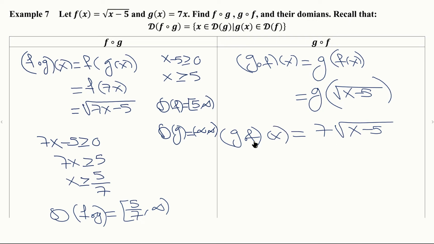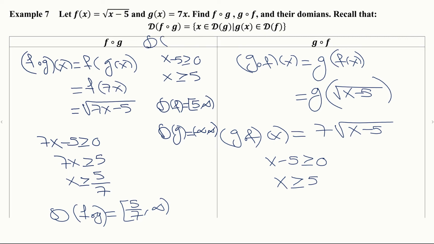All right, so we can see the expression for g circle f contains a radical, so we know that the radicand must be non-negative, so x minus 5 must be greater than or equal to 0. So x has to be greater than or equal to 5. All right, so this is the domain of g circle f, so it should be all x belonging to the domain of f, right? This has to be switched around.